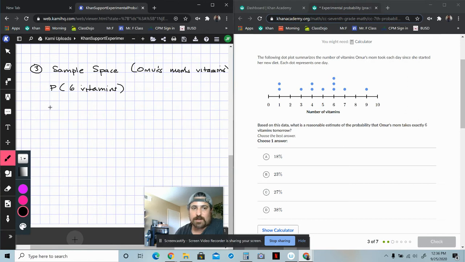So we could list it out and say that she did 1 vitamin, right? We can do vitamins and then the days, and we can list it out. 1 vitamin was 2 days, and then 3 vitamins was 1 day, and 4 vitamins was 2 days, and 5 vitamins was 1 day, and 6 vitamins she did on 3 days, and 7 vitamins she did on 1 day, and 9 vitamins she did on 1 day, right?